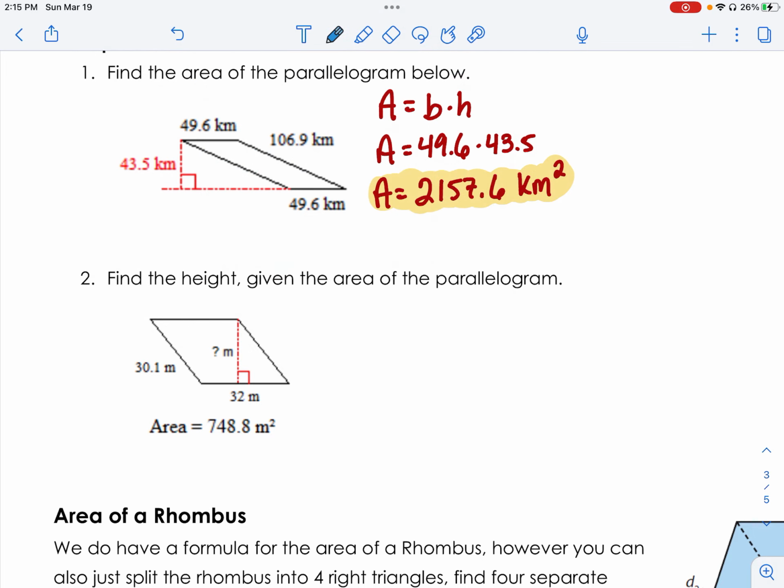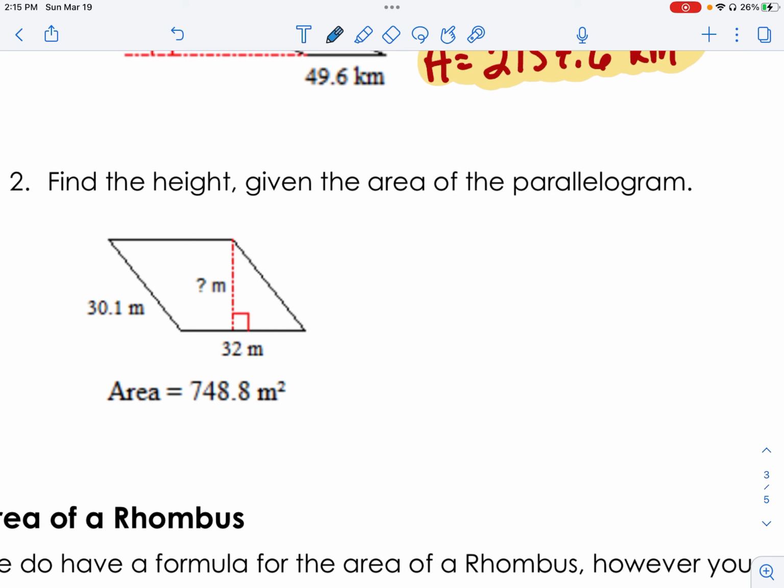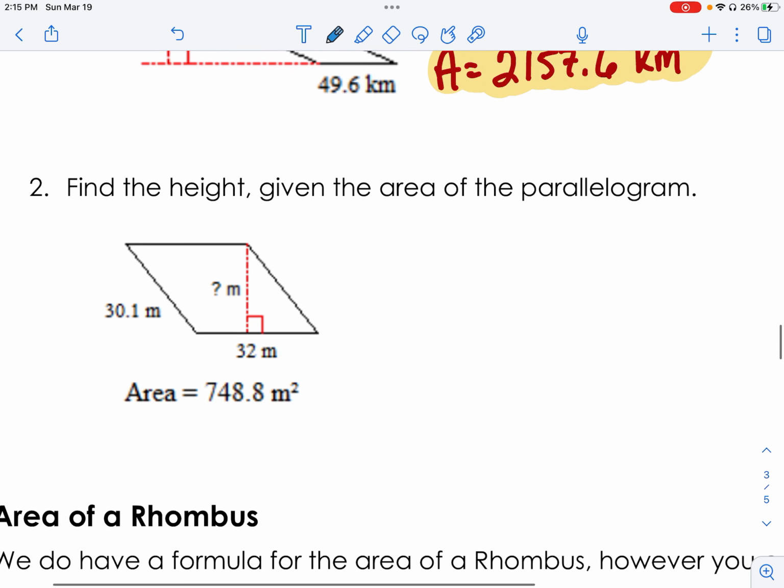Moving right along to our second problem, find the height given the area of the parallelogram. So we kind of have to work backwards here. We're told that the area equals 748.8, and our formula, remember, is base times height.